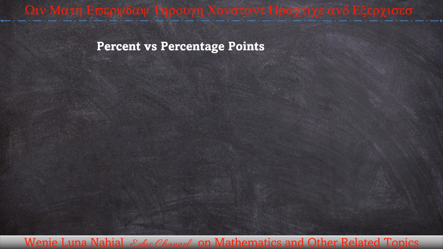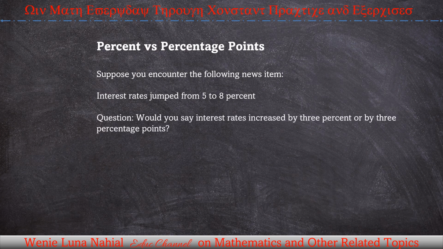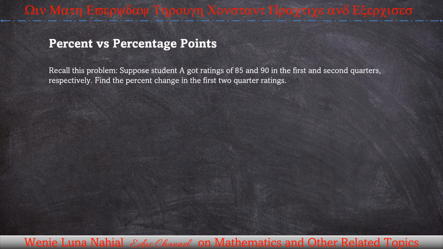Now, percent versus percentage points. Suppose you encounter the following news item. Interest rates jump from 5 to 8%. Question: would you say interest rates increase by 3% or by 3 percentage points? Okay. So recall this problem. Suppose student A got ratings of 85 and 90 in the first and second quarters respectively.